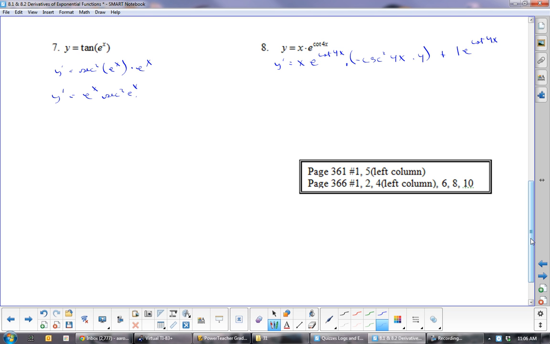Yeah, we can take out an e to the cotan 4x. Oops. e to the cotan 4x out of both. Now, remember, this entire thing is like one thing multiplied together, right? And we didn't clean it up first, but we could probably use our imagination here.